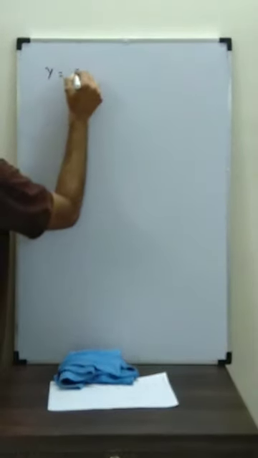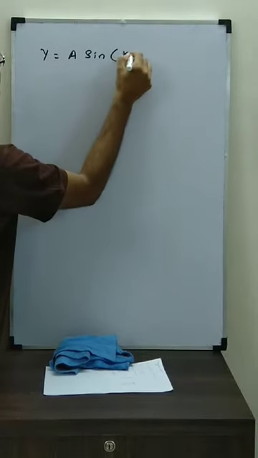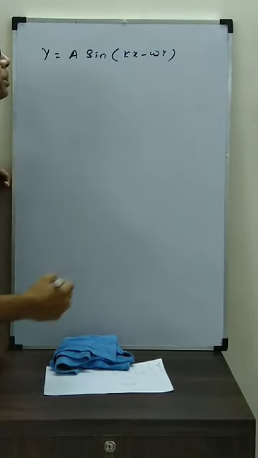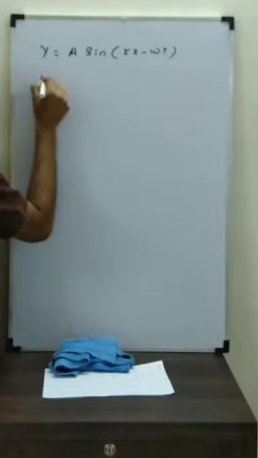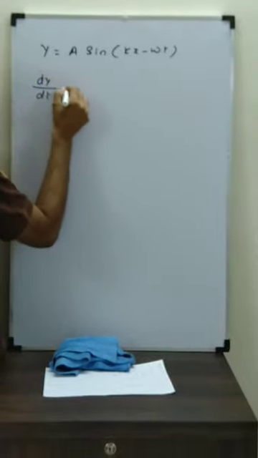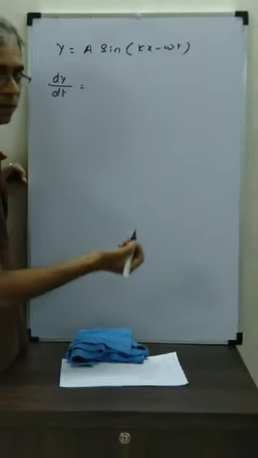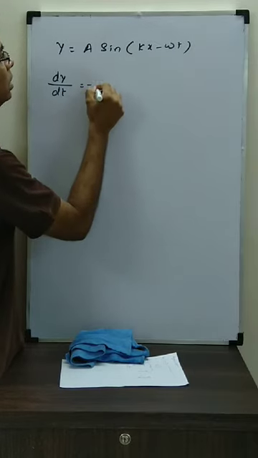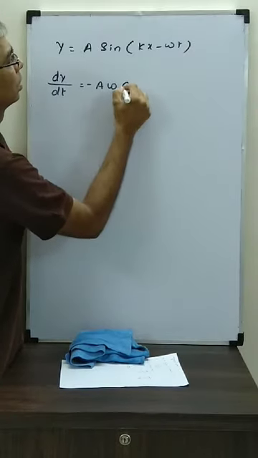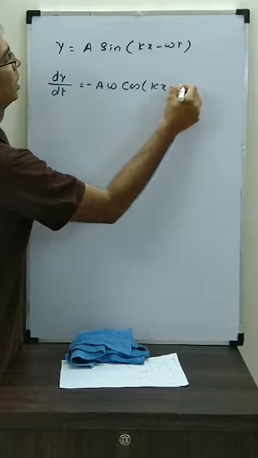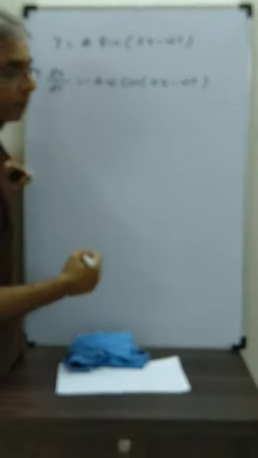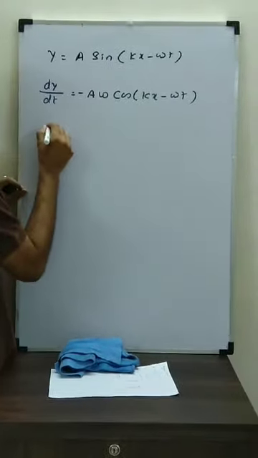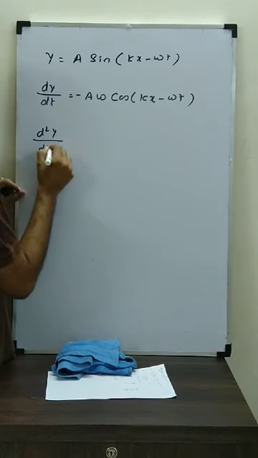Suppose I take a wave as y equal to a sine of kx minus omega t. Now we are going to differentiate it with respect to time. In the last class also we did it, again we are doing it. So then it's minus a omega cos of kx minus omega t. One more time differentiation, that's d square y by dt square.